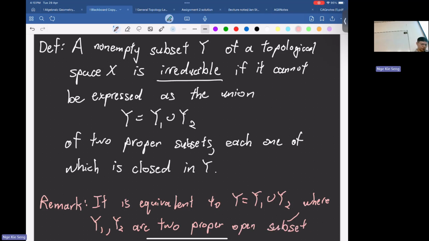These are equivalent. Later in the general topology class we will actually prove this. For this class, you can assume it if you're going to use it.